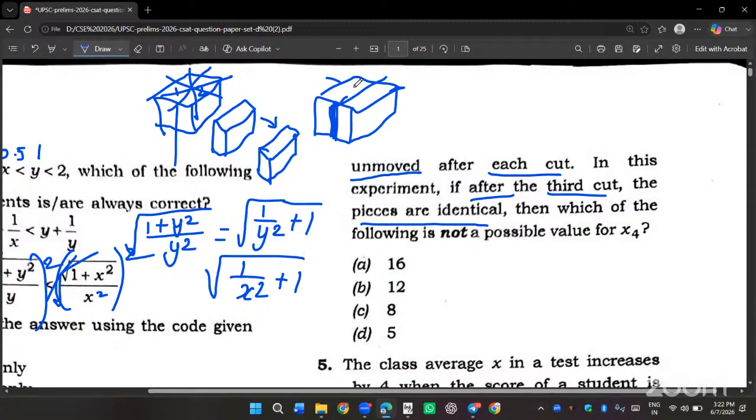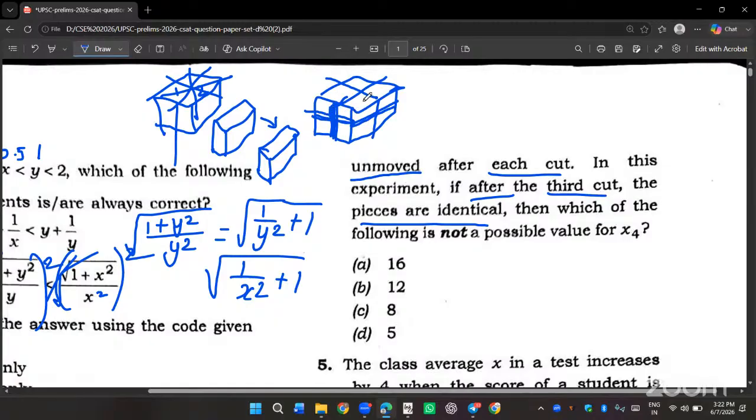Then second cut, if I cut like this, again four pieces of equal size. My third cut may be here. So top four, bottom four, equal size. I have drawn like this and don't worry about it.